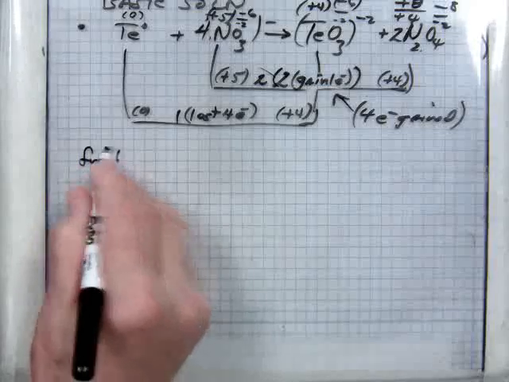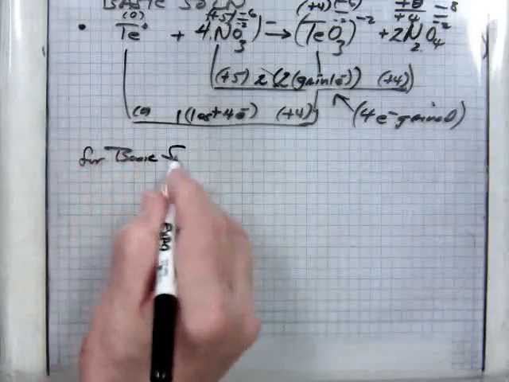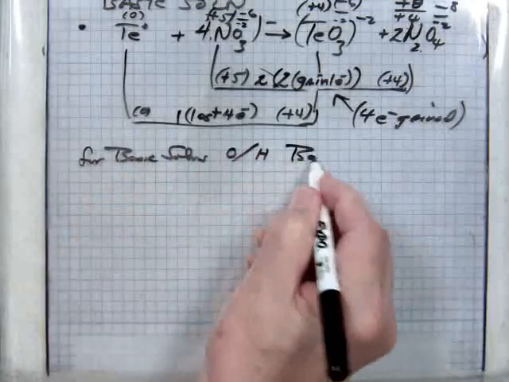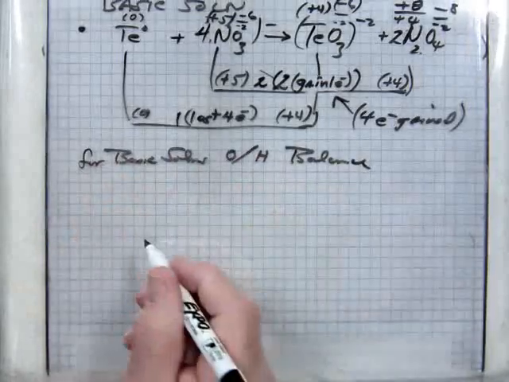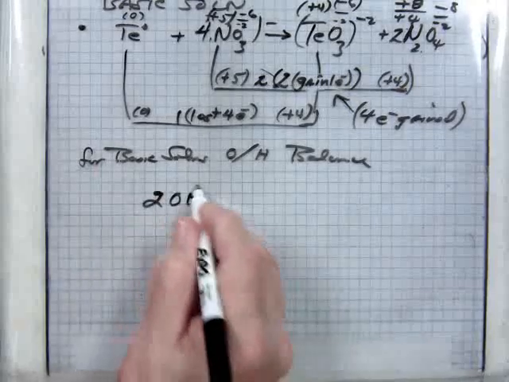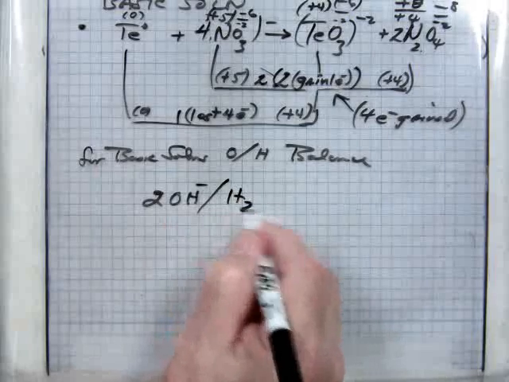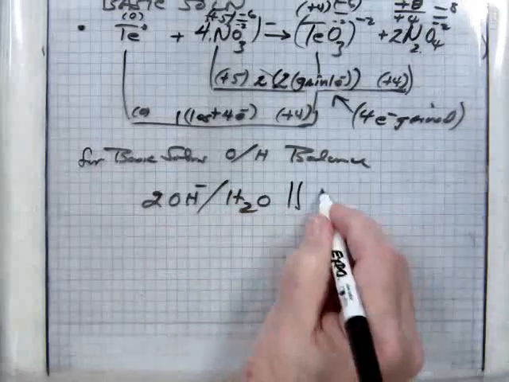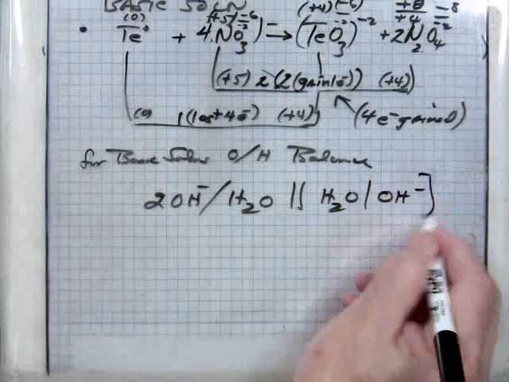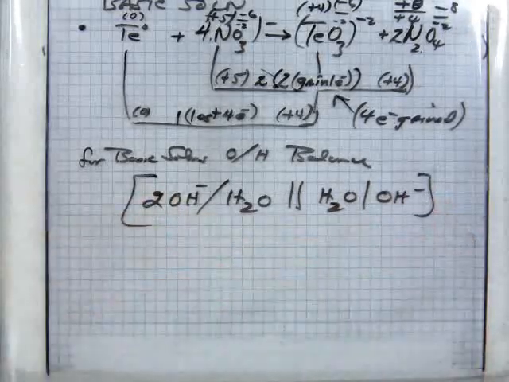For basics. See if you can interpret this. 2OH slash H2O, then H2O slash OH minus. That's what that rule is.